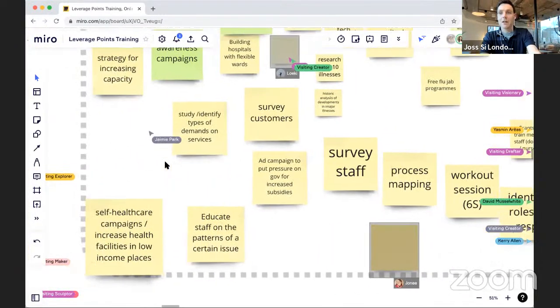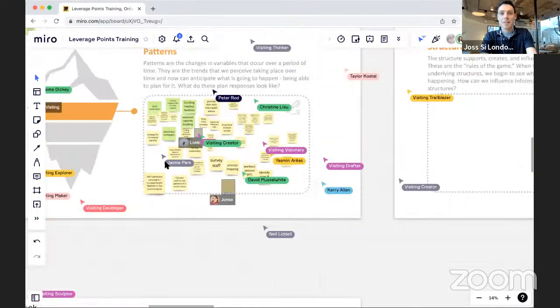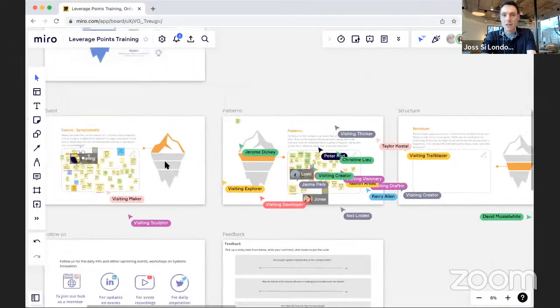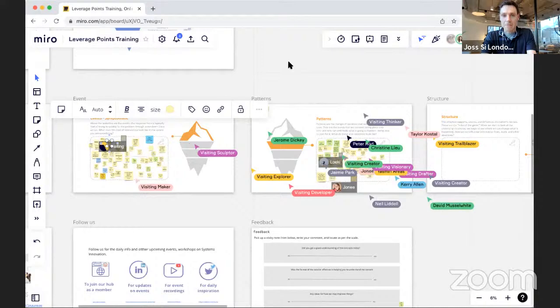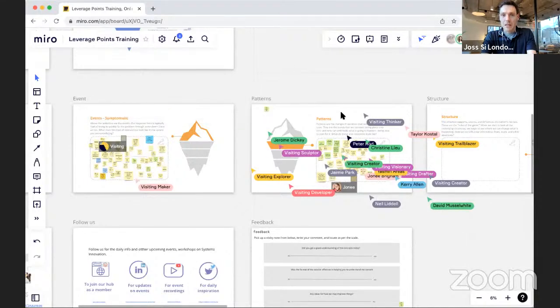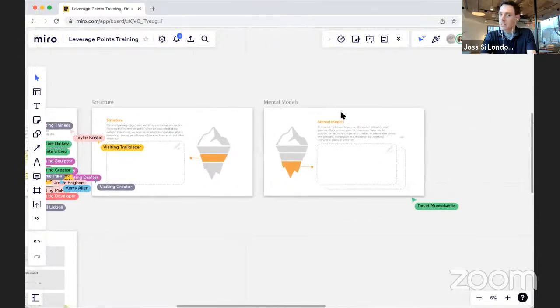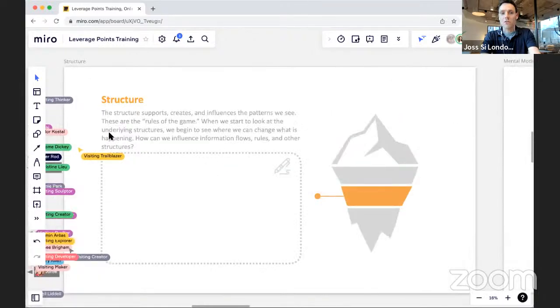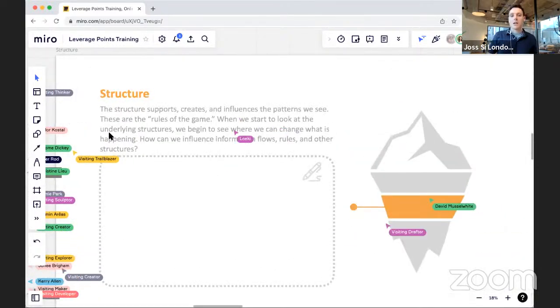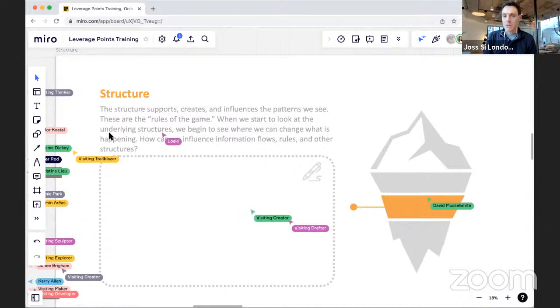Okay, so those are the two levels that we'd normally look at the system on in management approaches. These are the two levels where we're really getting to systems change. We're starting to look at the underlying structure of the system and ask, how might we change that? And from that, get the emergence of different patterns and different outcomes in the system.